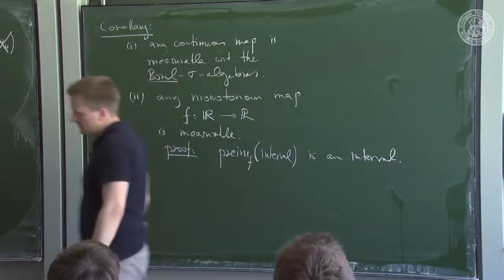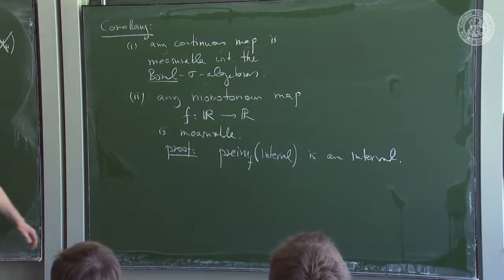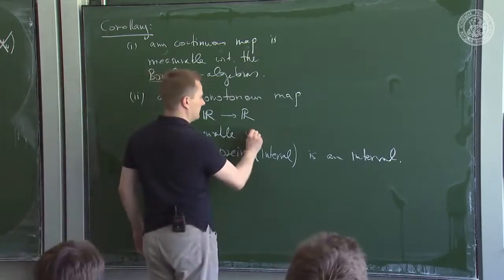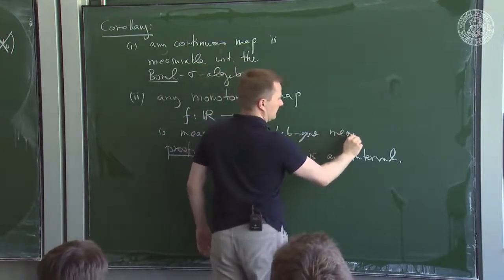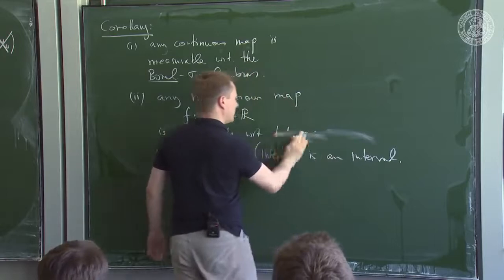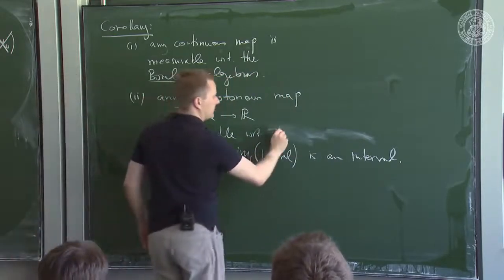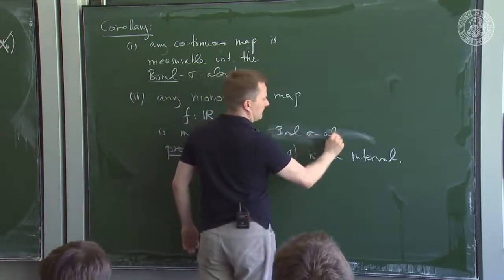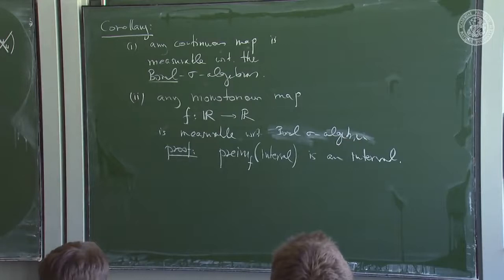And because open intervals, left half open, right half open, or closed intervals are all measurable with respect to the Borel sigma algebra, the measure doesn't come in. Because the pre-image of an interval is an interval, this follows.